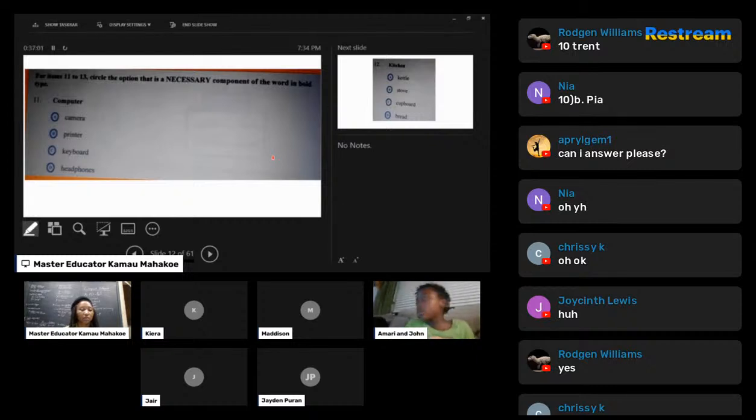For items 11 to 13, circle the option that is a necessary component of the word in bold type. 11. Computer. For items 11 to 13, circle the option that is a necessary component of the word in bold type.